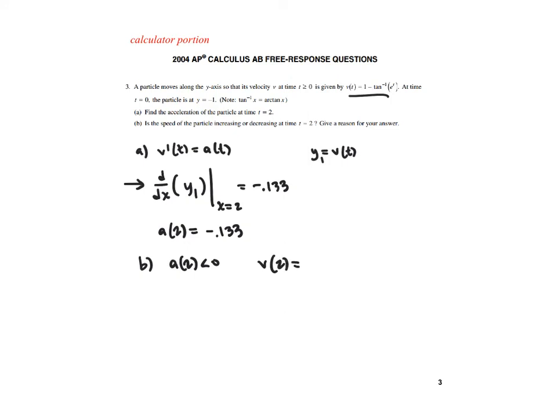That comes out, using your calculator, to be negative 0.436. So since a of 2 is less than 0 and v of 2 is less than 0, the particle is speeding up.